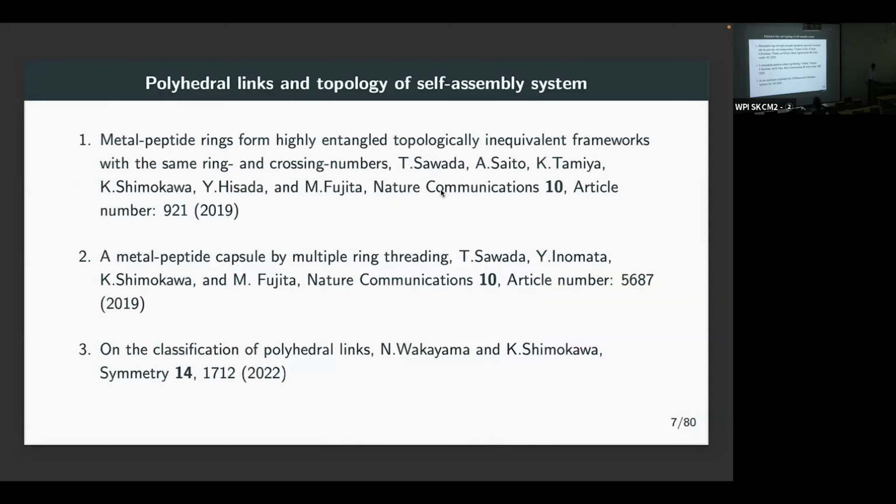And these are the papers, if you are interested, that we will discuss. Those are papers discussing the structure of the supermolecule. And if you are interested in the mathematical part, this is a paper you need to take a look at.